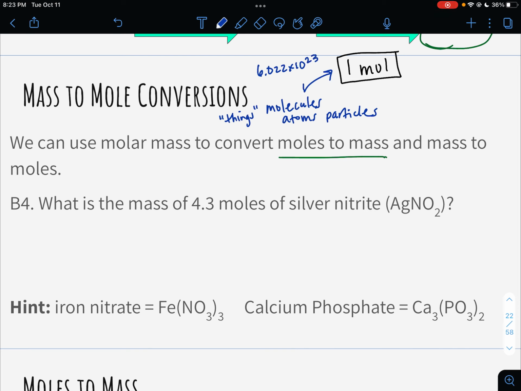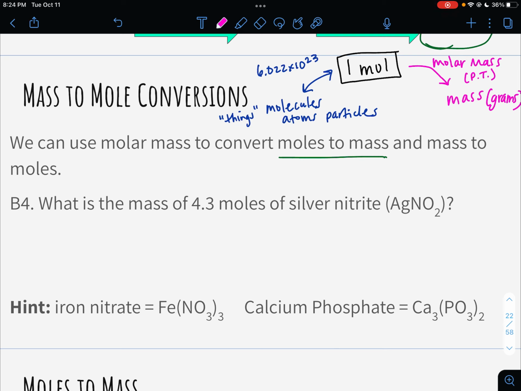That is the number we use to convert back and forth between moles and molecules. We can also convert between moles and mass, or grams, by using the molar mass of our molecule or atom. And remember, we get our molar mass by looking at the periodic table.